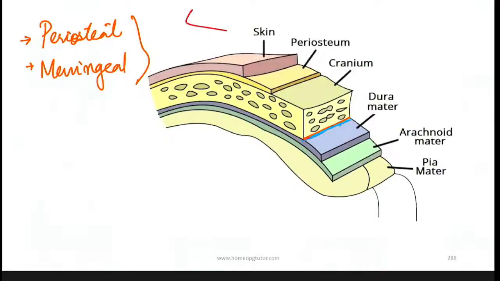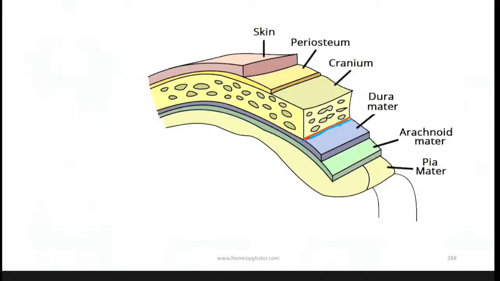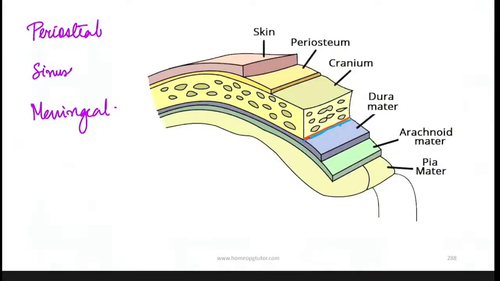Between the periosteal layer and the meningeal layer, we have a particular sinus. And what is the name of the sinus?